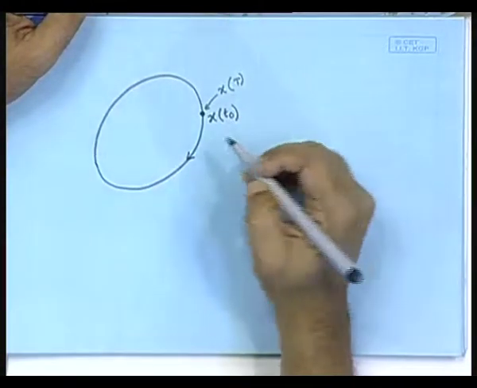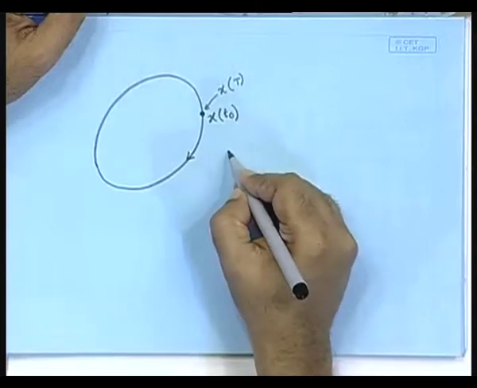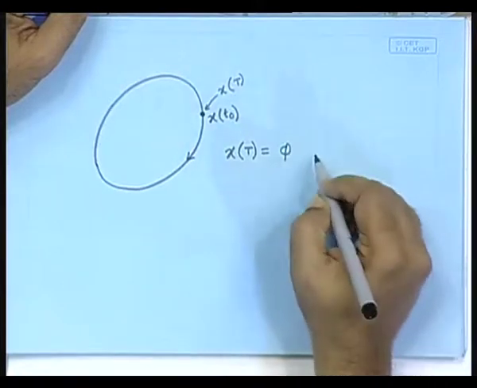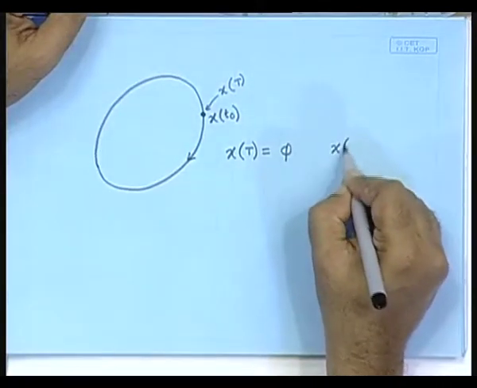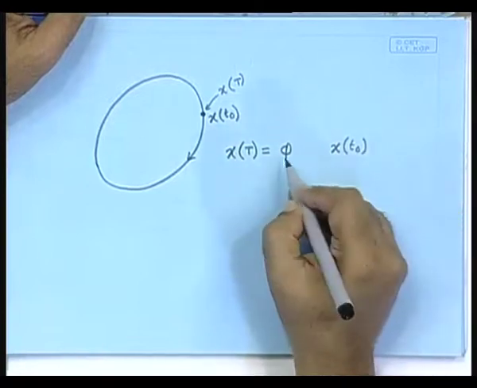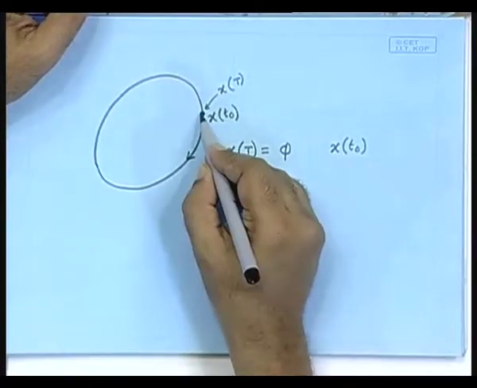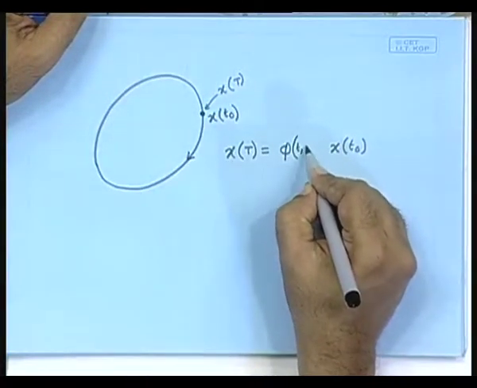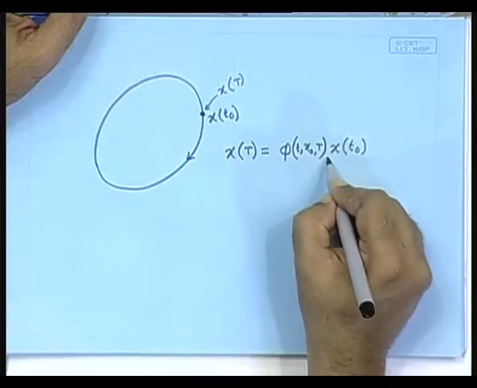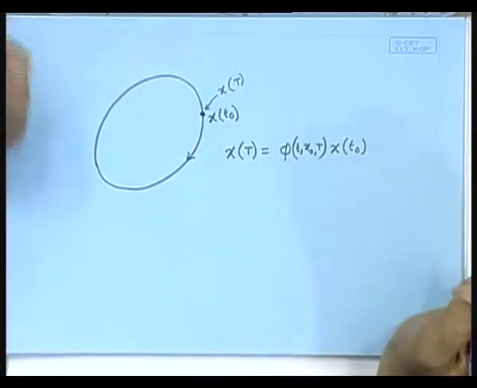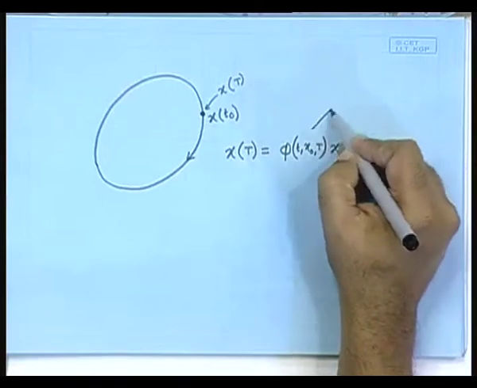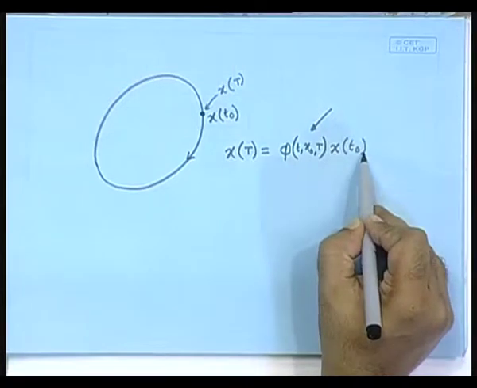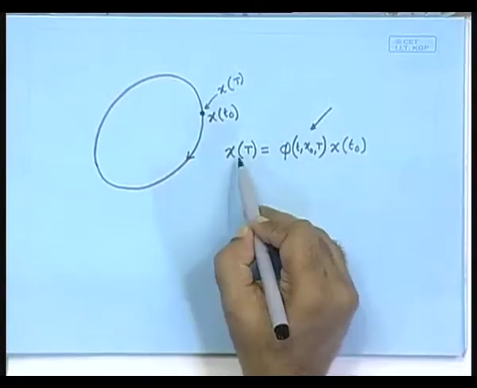The way to understand the stability is to express x at capital T as some function phi times x at t naught, and this phi will depend on the initial time, the initial value and the total time. So, phi of t, x naught, T. This is nothing but a matrix, because a vector times a matrix gives the final vector.